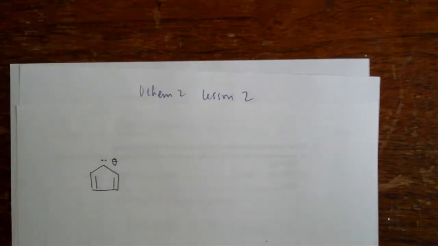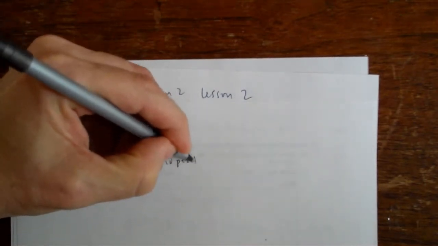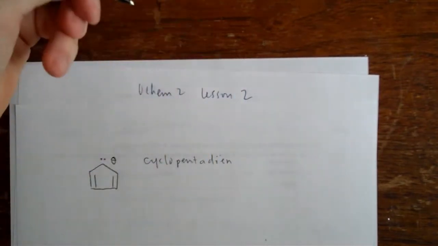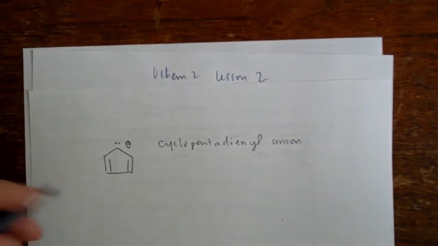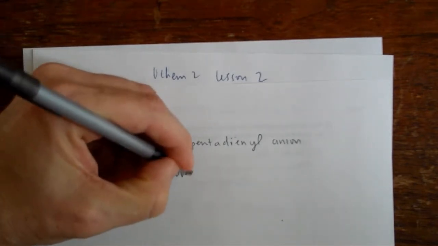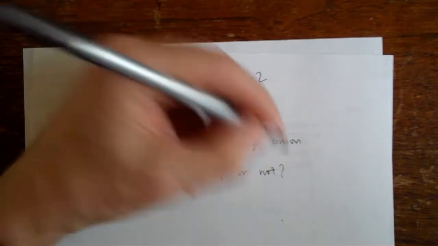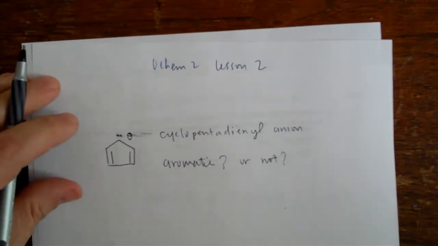Okay, this is called the cyclopentadienyl anion. Cyclopentadiene, and you can see where we're getting this name, right? Cyclopentadienyl anion. Okay, and the question is, is this aromatic or not?